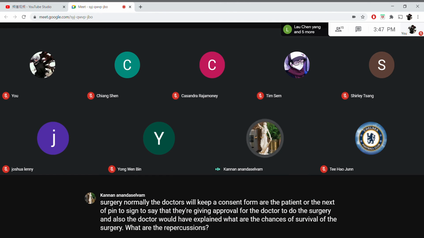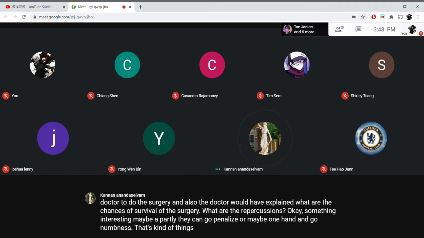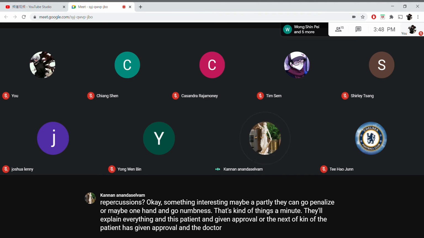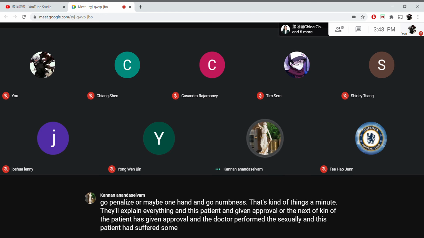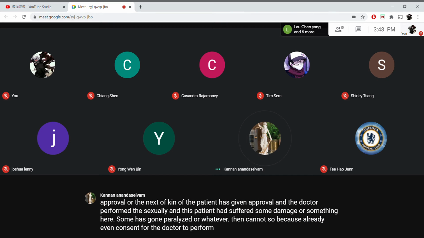Sometimes in a surgery, maybe partly they can go paralyzed, or one hand can go numb. They will explain everything. And this patient has given approval, and the doctor performed the surgery, and the patient suffered some damage or has gone paralyzed or whatever, then he cannot sue because he already gave consent for the doctor to perform the surgery.